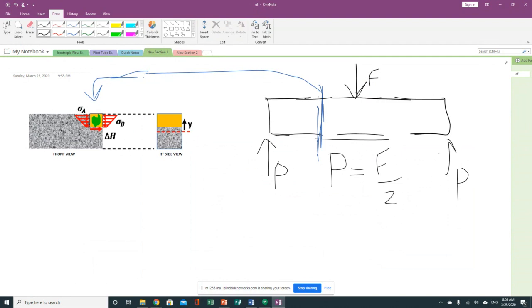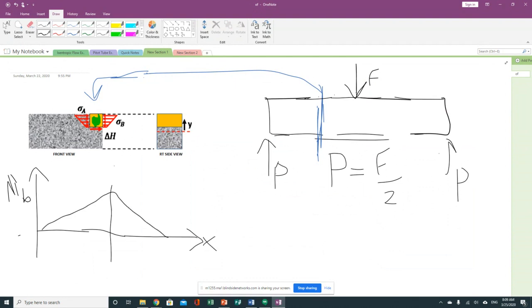Because we know that in 3-point bending, I have a bending moment distribution that looks like that, where that's the center of the beam.